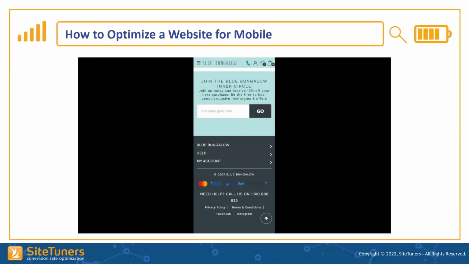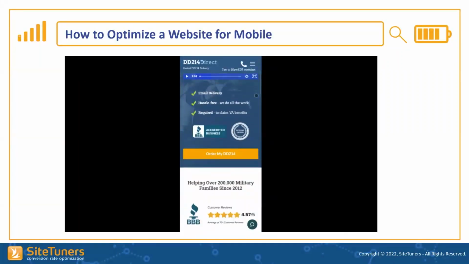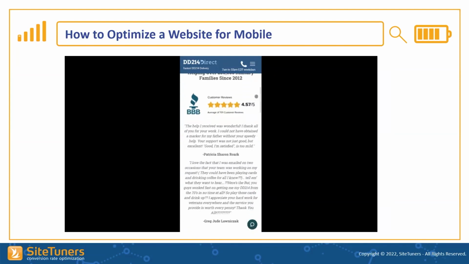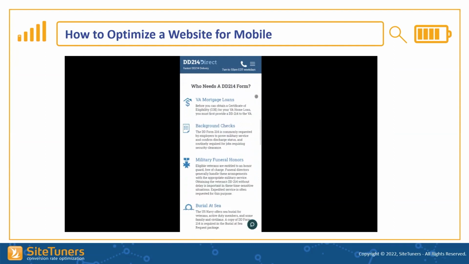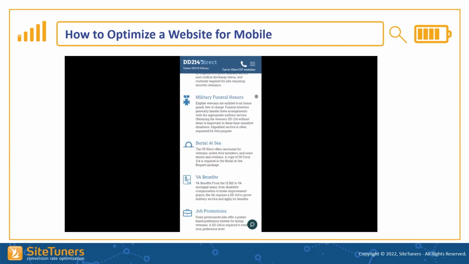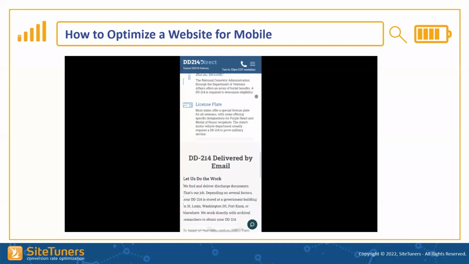Let's contrast that with another one where it was designed for both desktop and mobile, all right? And this looks good. So here we've got a DD214 site, which I've used before, but you'll notice, and while there are some things I might do a little bit differently, you'll notice that the spacing looks better. The content is chunked correctly.